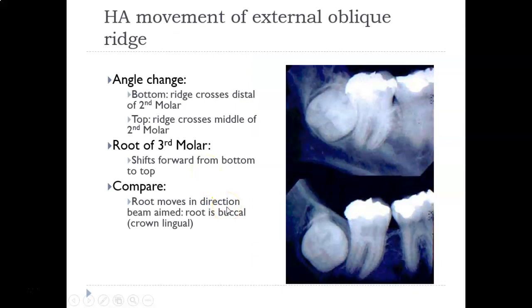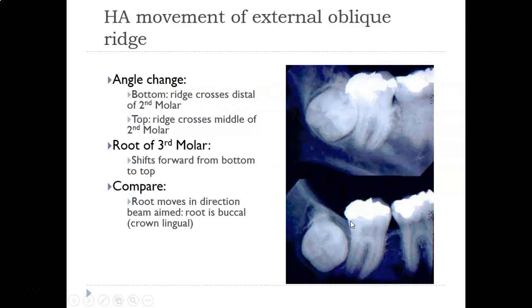Okay, and I think this might just be the talking out of what I just said. So you guys can read over that. Hopefully it kind of jives with what I said. Sometimes these abbreviated things don't come from my brain, so I don't always know, but that's essentially it: the angle has changed. The bottom ridge crosses distal of the second molar.